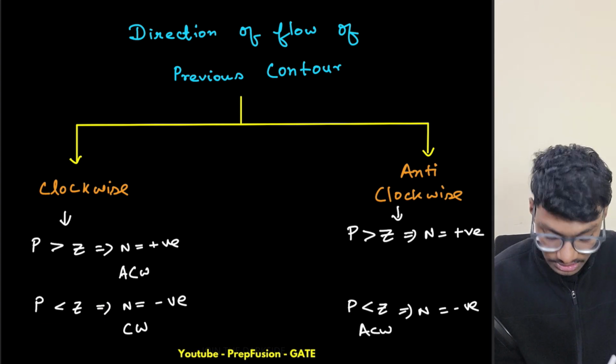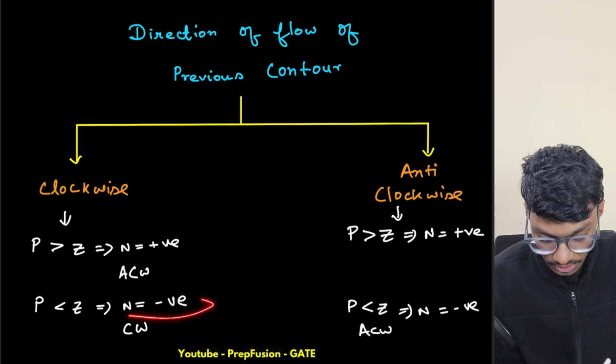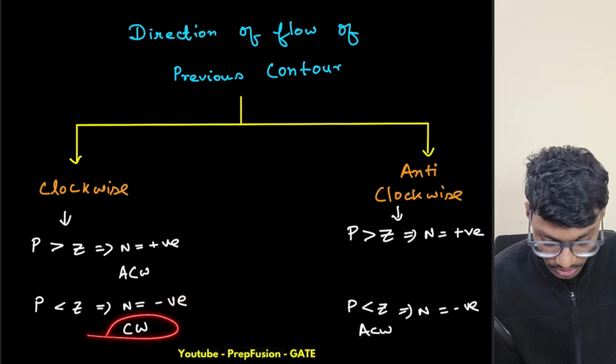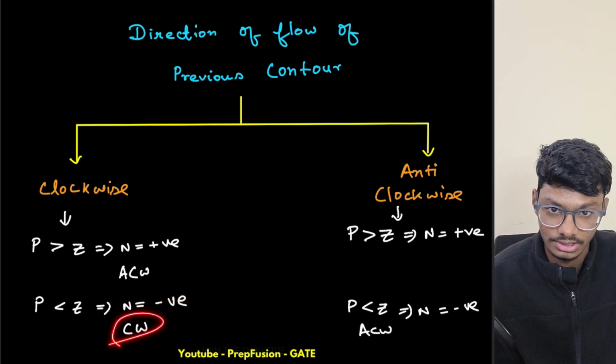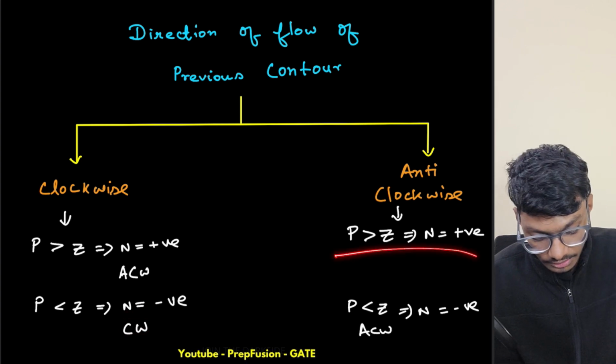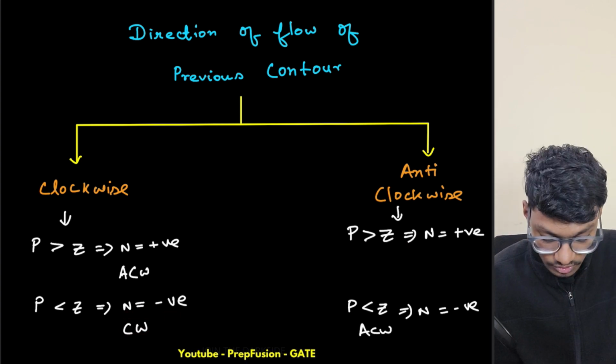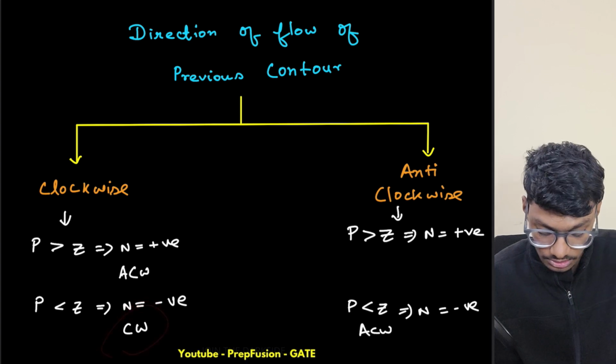And if p is less than z, then n becomes negative, so overall it is in the clockwise direction.